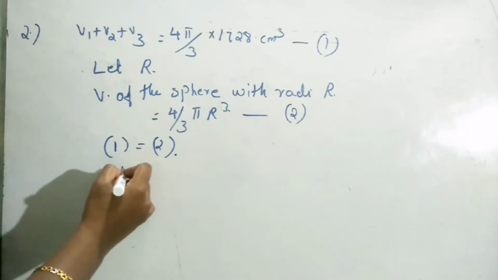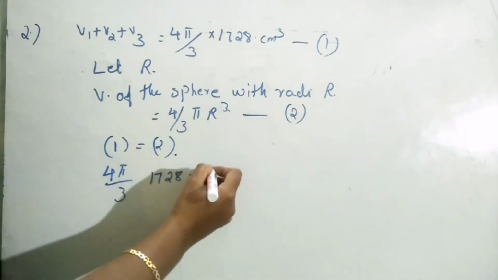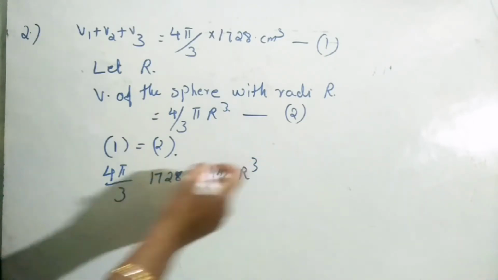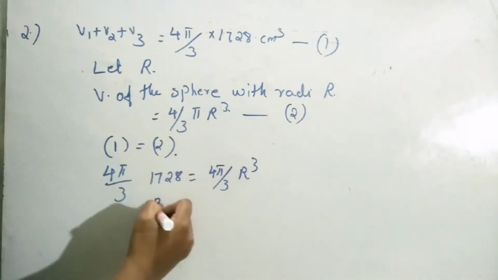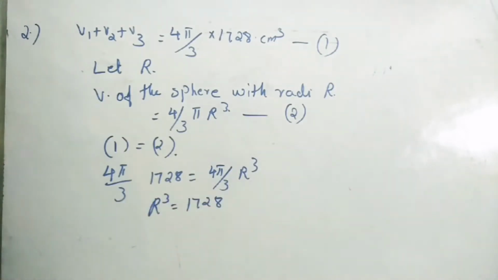That is 4 pi by 3 into 1728 is equal to 4 pi by 3 r cube. On both sides we have 4 pi by 3, just cancel it. Then we will get r cube is equal to 1728.